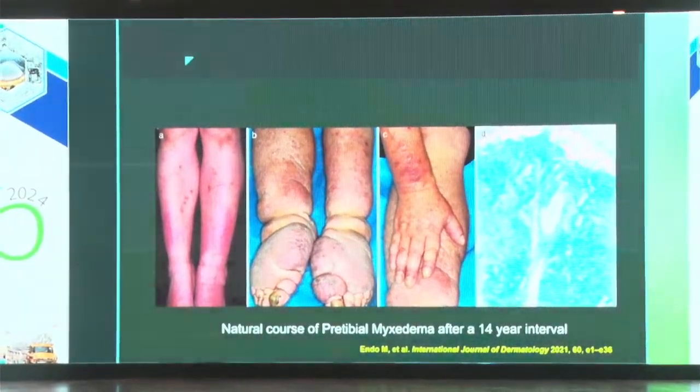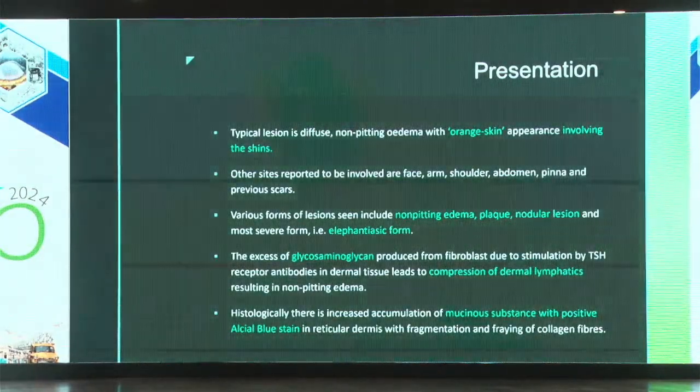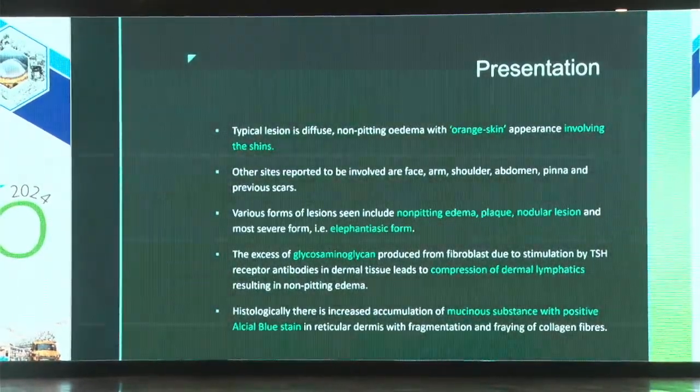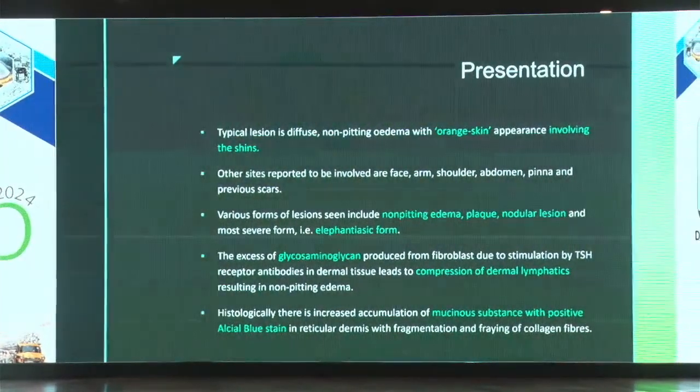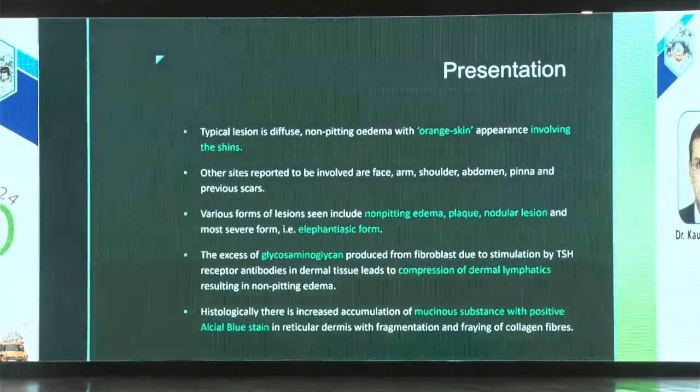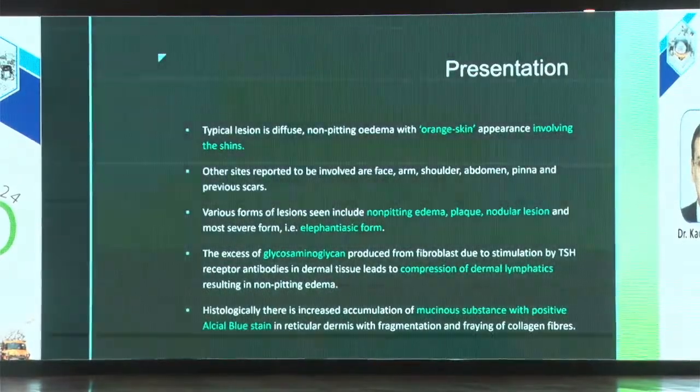And this happens basically because of various changes inside the dermis. The typical lesion is orange skin, peau d'orange type, involving the shins, mostly shins. Other sites can also be affected, such as the face, arm, shoulder, etc.